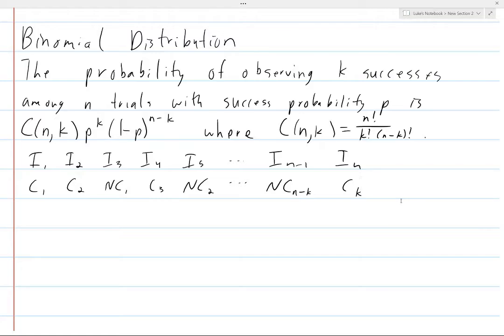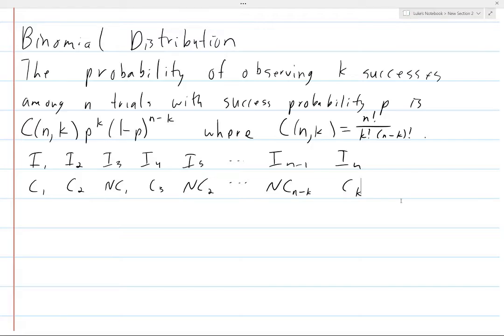C1 can go in any of the n spots, C2 in any of the remaining n minus 1 spots, C3 in any of the remaining n minus 2 spots, and so on. And you get n factorial combinations.